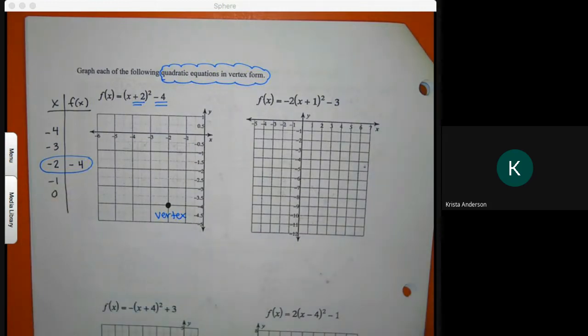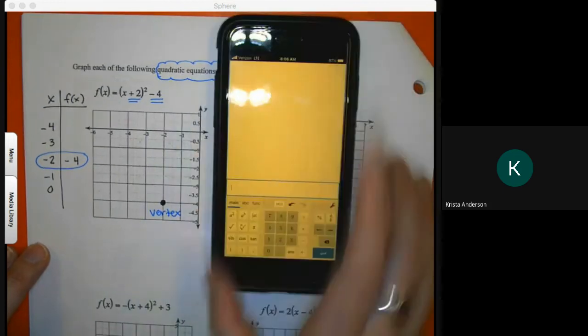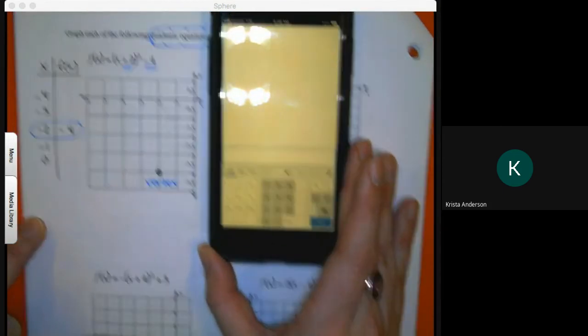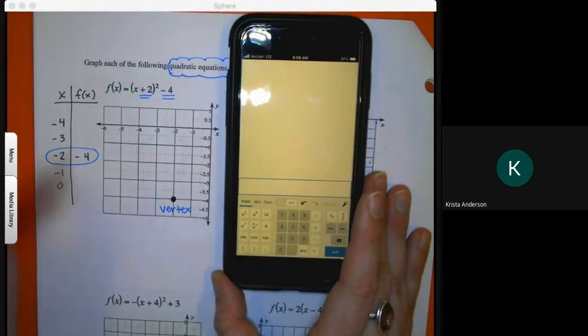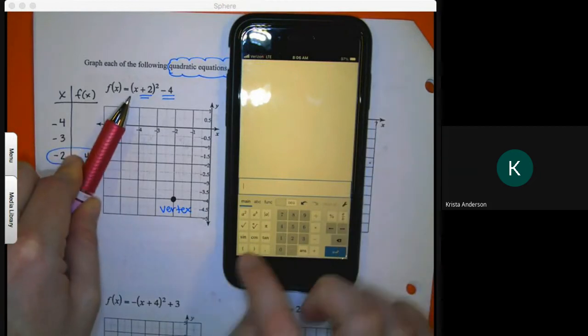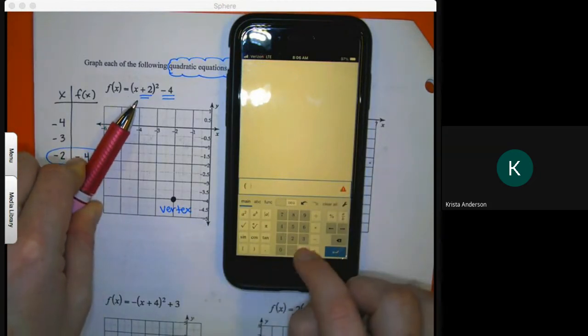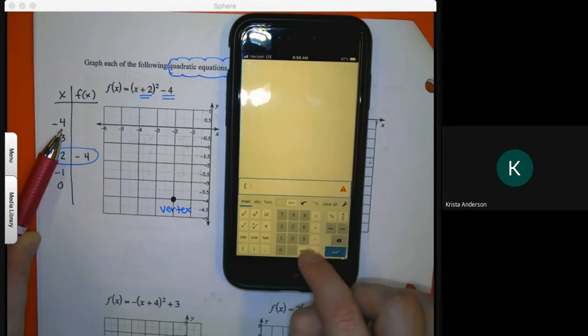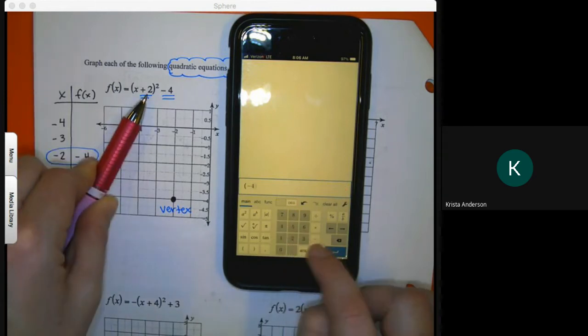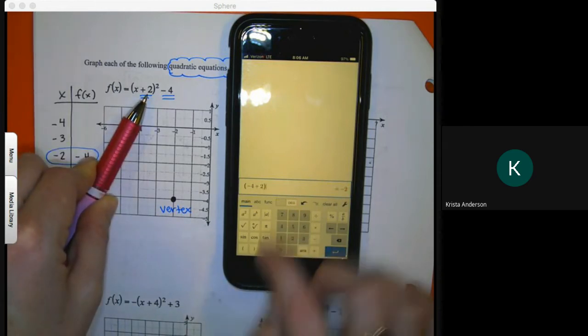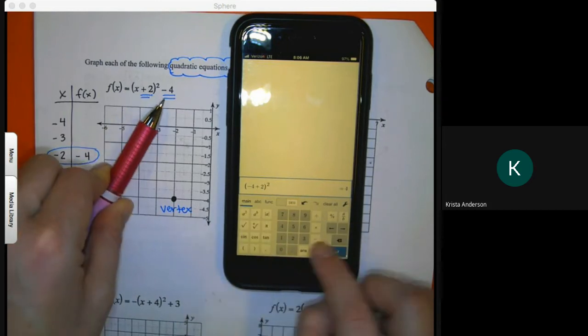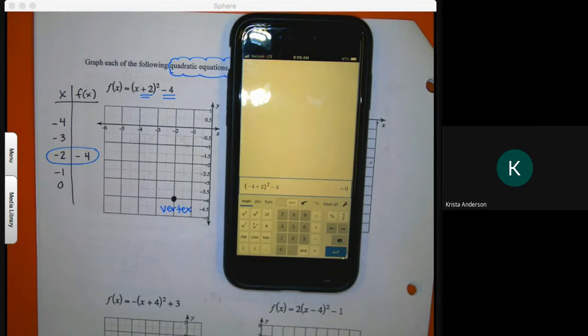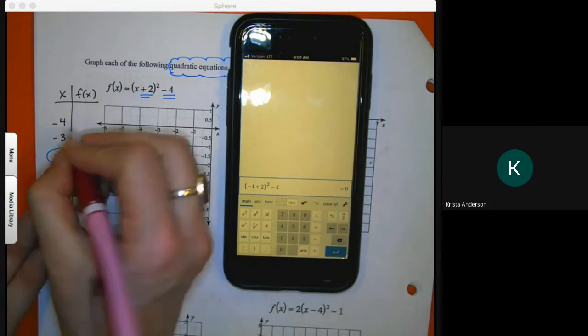When I check, I have parenthesis x, I'm going to plug in my -4, plus 2 squared with a -4 on the outside. It says that it's at 0.